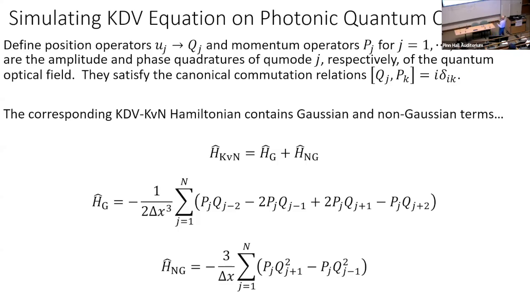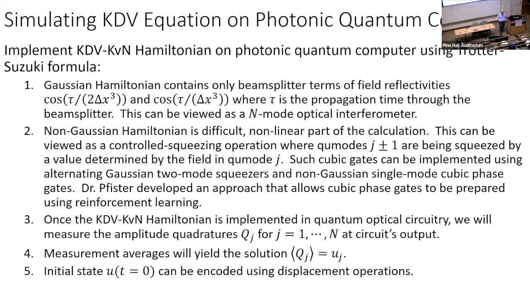Just plugging into the KVN formula, you get these P's and Q's. This turns out to be a Gaussian term. This is a non-Gaussian term, and I'm almost done. This is a lot, but we'll be sharing these slides, and Olivier spelled out exactly how he can implement the Gaussian part and the non-Gaussian part.